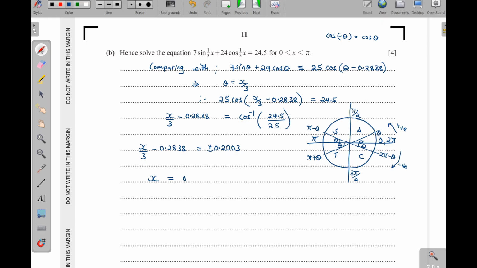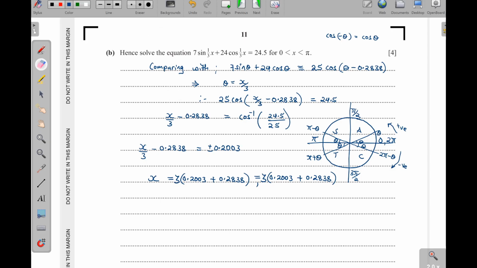So we shall have 0.2003. You add on the 0.2838. Then from there, you multiply it by 3. Take this one here, then multiply by 3. You get it? Then the next one is going to be the negative. So it will be the whole of this, okay, here.